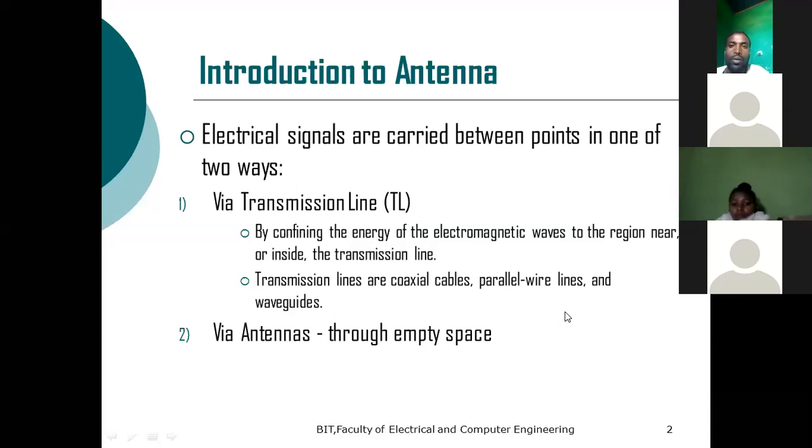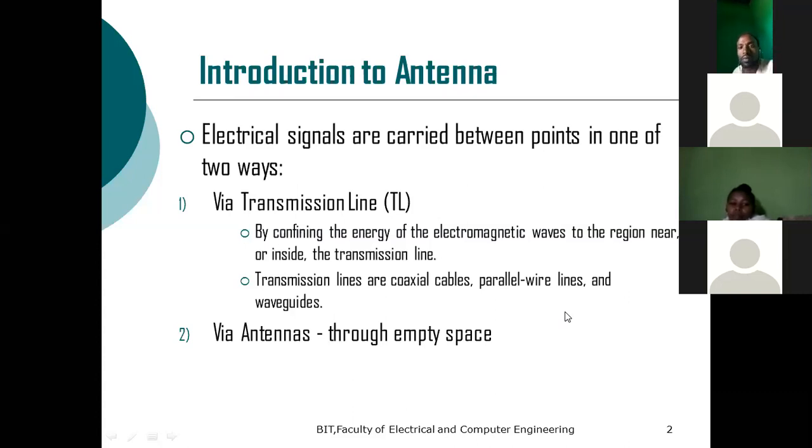Through the transmission line, normally the objective of this technology is to confine the electrical signal within the medium. You see, by confining the energy, that means the electromagnetic wave, within the transmission medium, it is possible to transmit a signal from the source to the destination.